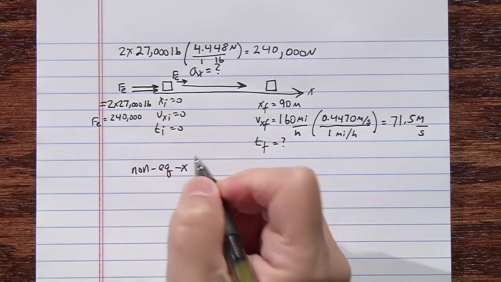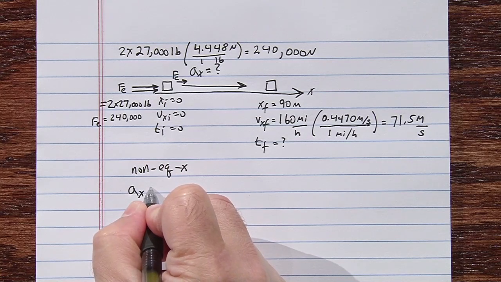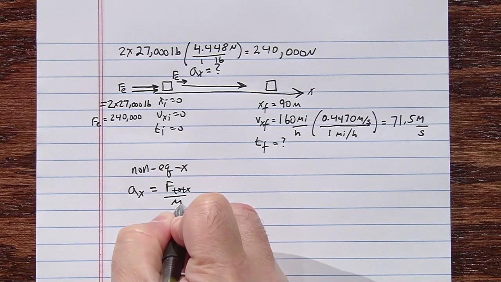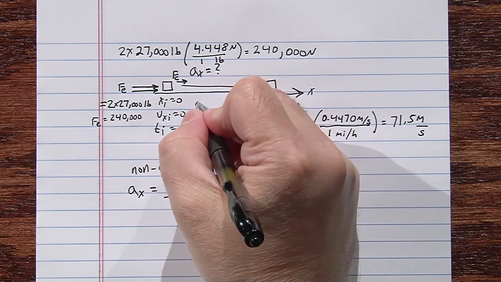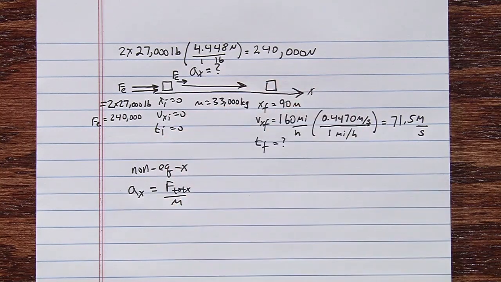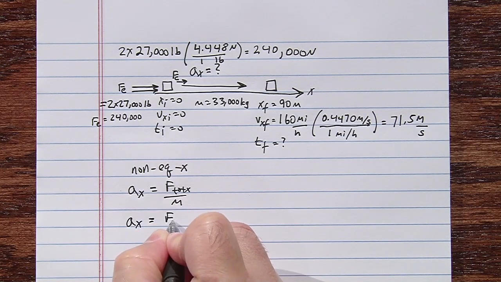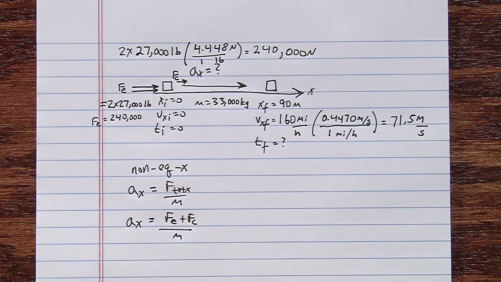Or at least it's non-equilibrium in x, which tells us that the acceleration in the x direction is equal to the total force in the x direction divided by the mass. That's one thing that I did not write down, I think. Mass is equal to 33,000 kilograms. Okay, that was one bit of information that I had left off. So the acceleration in the x direction is the force from the engines plus the force from the catapult divided by the mass.